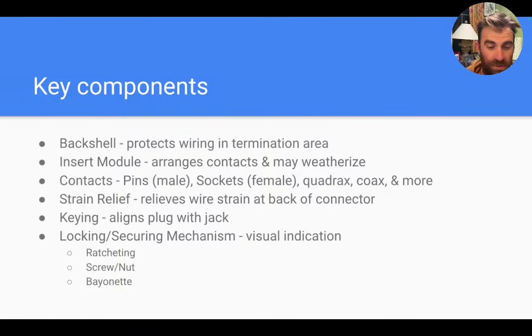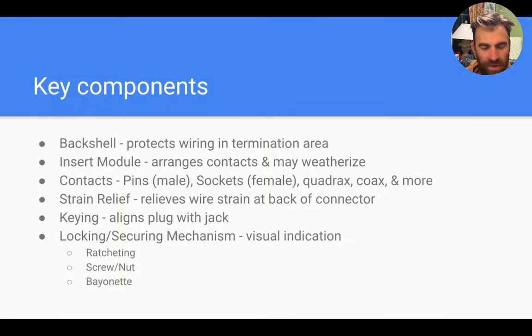And then on most connectors, there's also going to be some sort of strain relief, which is a component of the connector that you can secure the wiring to, so that if the cable bends near the connector, it's not going to pull the pins out or pull the wiring out of the pin or contact rather. So it's basically just there to secure the wiring to the connector and prevent any strain at the back of the connector.